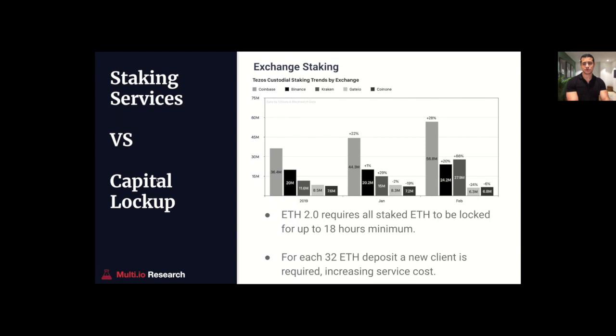Staking services will have to run a separate validator client for each 32 ETH deposited. This makes it more difficult to manage thousands of instances, and increases the exchange's equipment and maintenance costs, which will be much higher compared to other staking blockchains. Therefore, offering users a lower return that will compete with the dozens of light staking clients that will not carry a service cost.